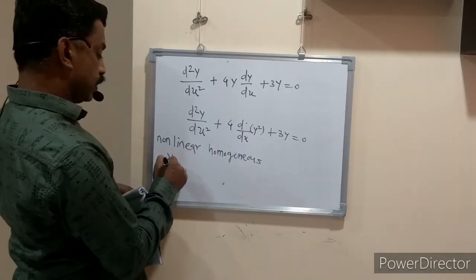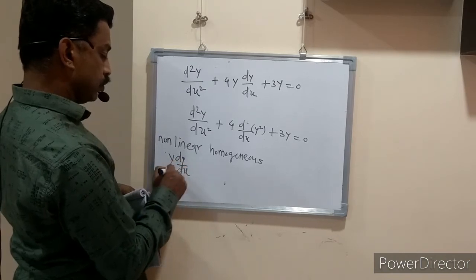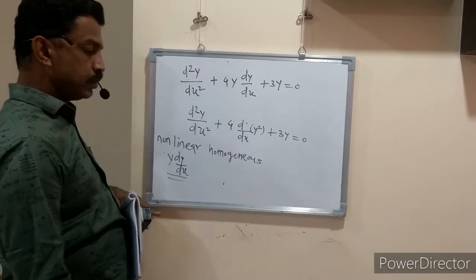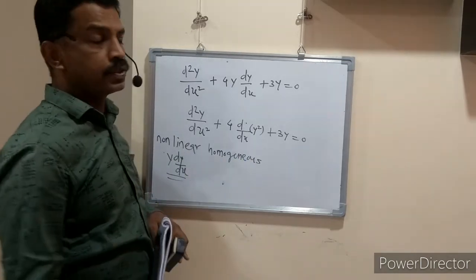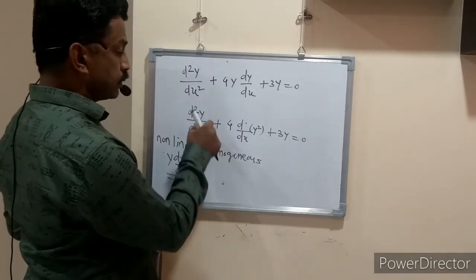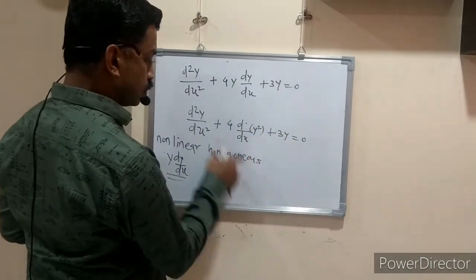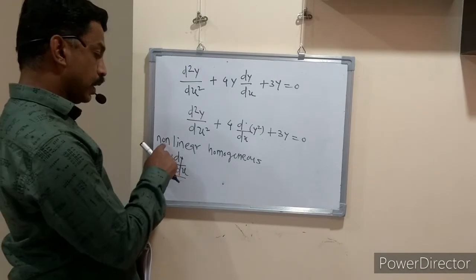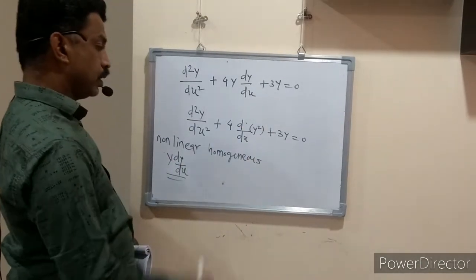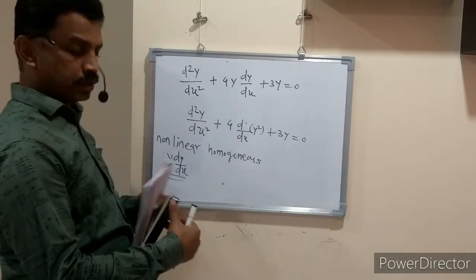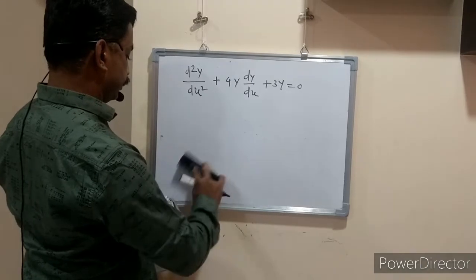Because of the term y dy by dx, due to this term it is non-linear but homogeneous. Homogeneous means in each and every part of the equation the term y is present, but at the same time the power of y is second, therefore it is a non-linear homogeneous equation. Now we take one another example.